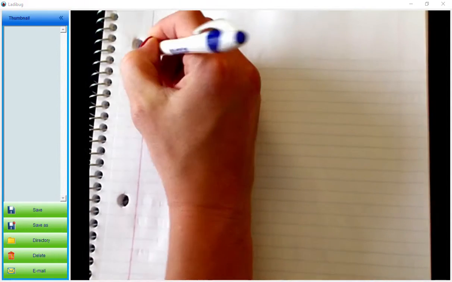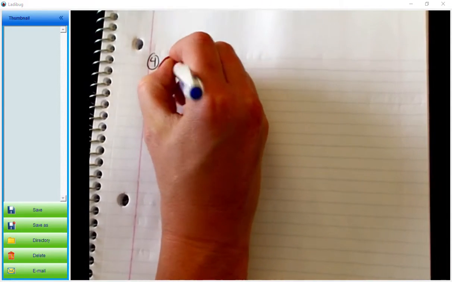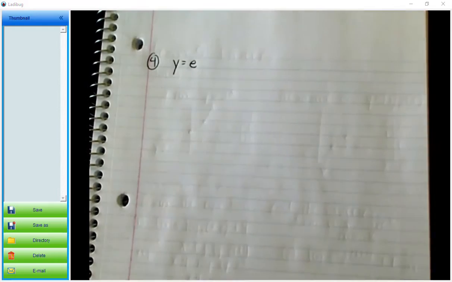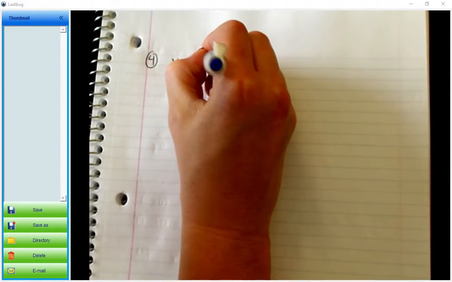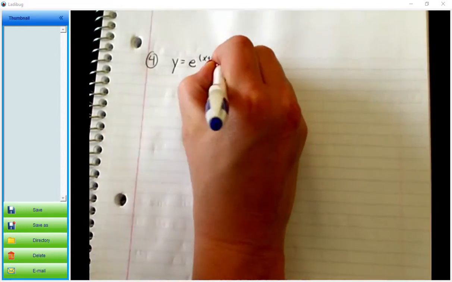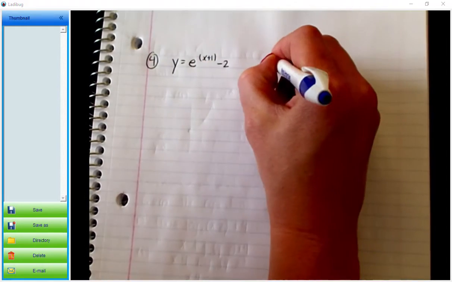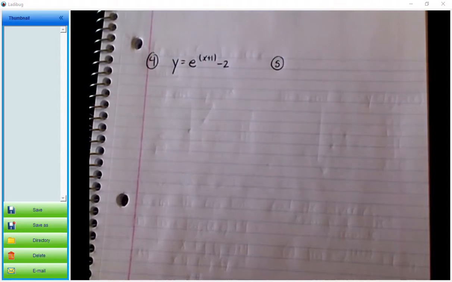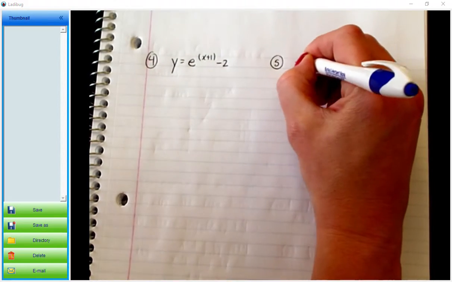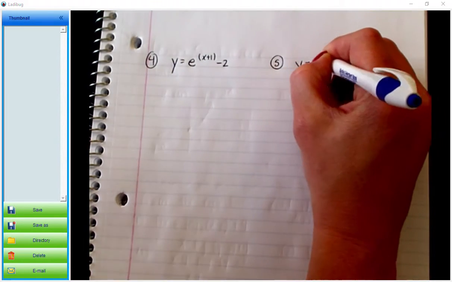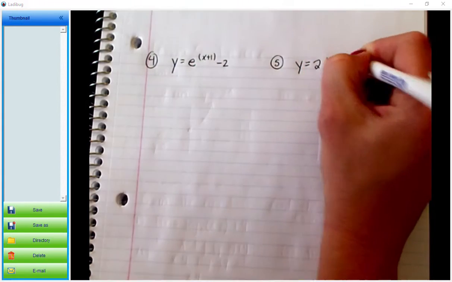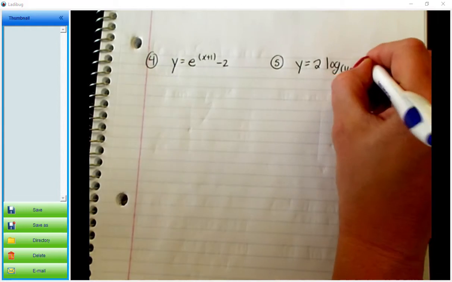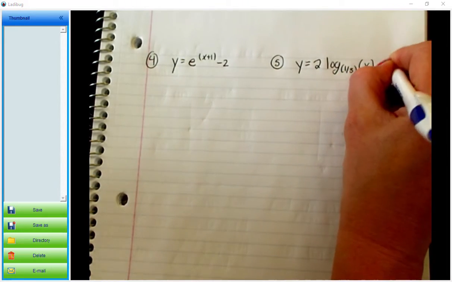Four. Okay. Y equals e to the x plus 1 minus 2. E is just a number. You can do it. And I'll give you y equals 2 log base 1/3 of x minus 4.